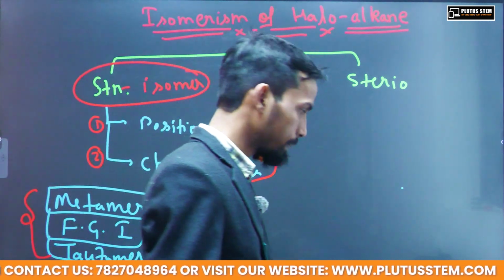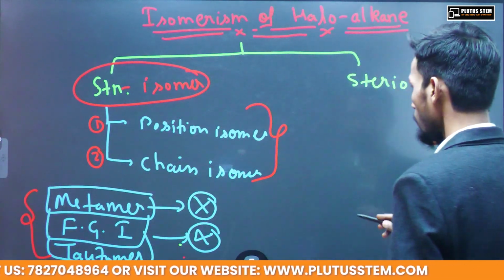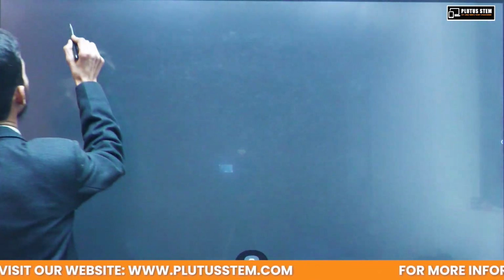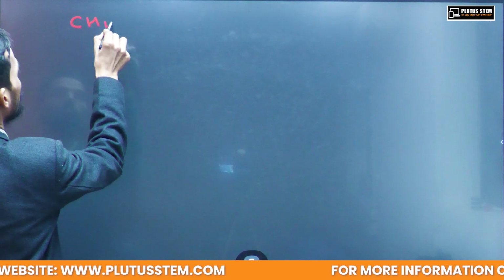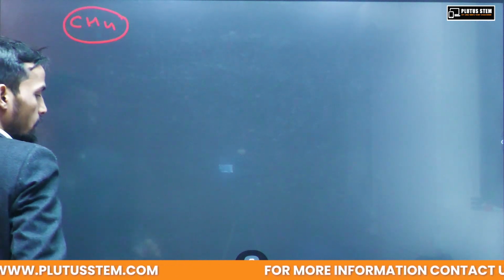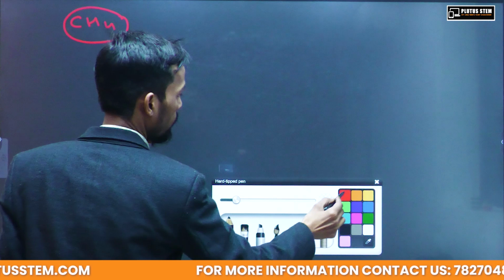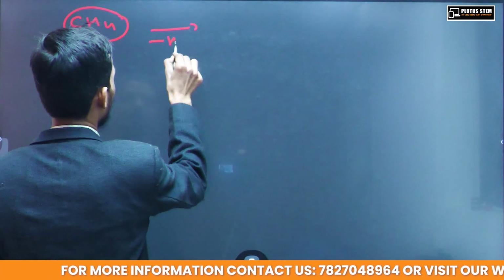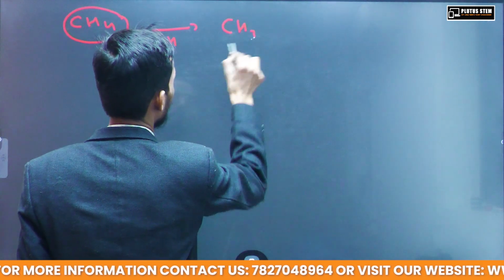So coming to this, this is methane, CH4, and if we remove one hydrogen from here, we get CH3.